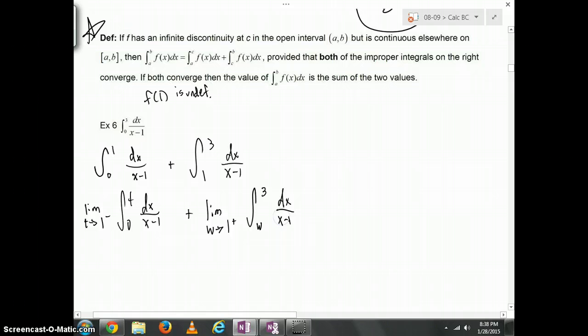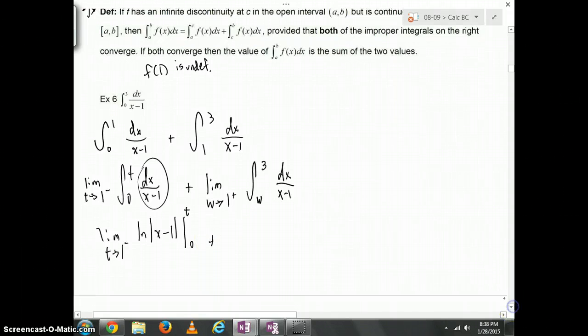And just as we've talked about earlier, a quick way to find an antiderivative is to say we've got the natural log of the absolute value of x minus 1. Notice that here we really would like to have absolute values. And we're going to have our limit out in front. Then over this way, we'll have our other integral.